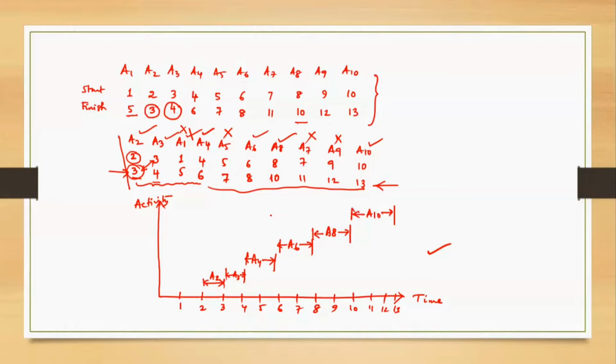So the activities which are in the final schedule are nothing but A2, then A3, then A4, then A6, then A8, and last one, A10.